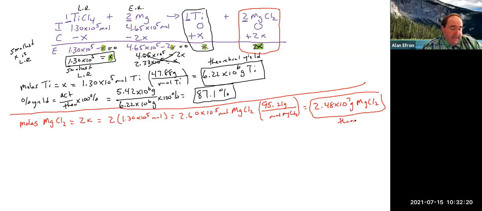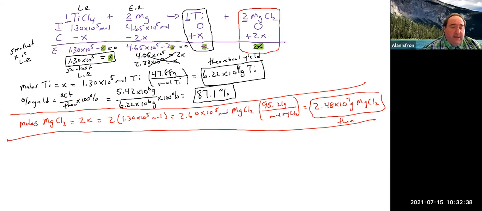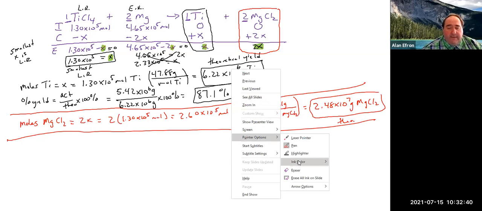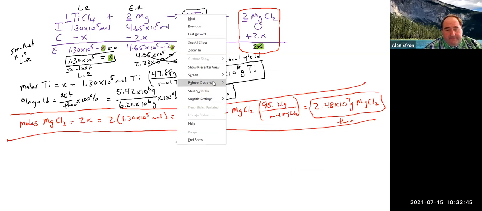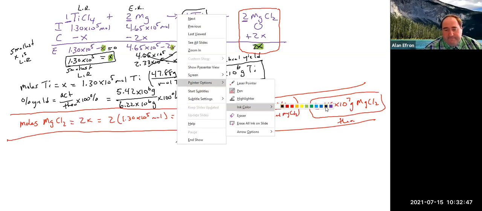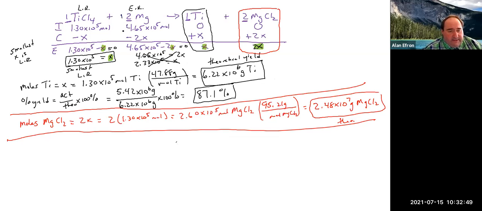Now, in addition to that, the last thing that's very commonly asked of you is how much of our leftover excess reagent would we have? We could do that relatively quickly using our table. Remember, in this case, our excess reagent is our magnesium.